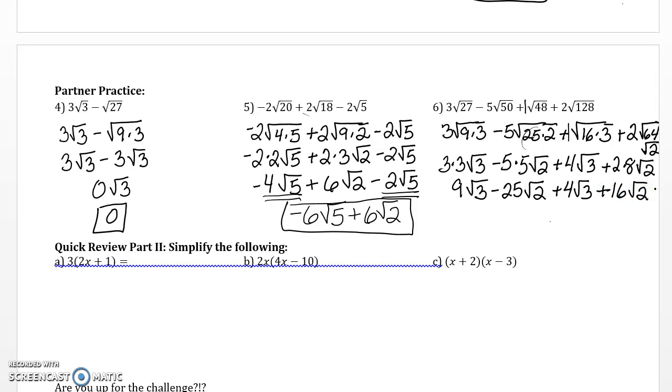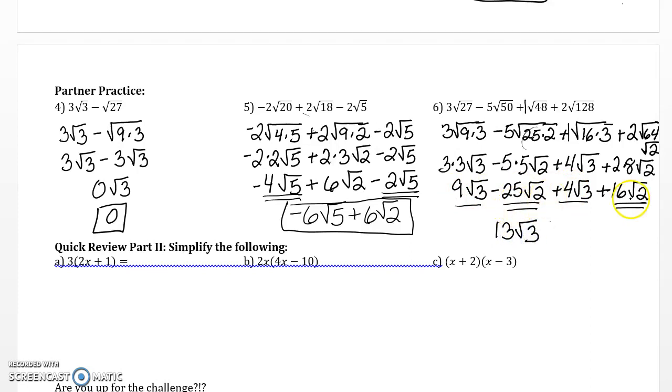All right, now scan across our 4 terms, and hopefully you notice we do have a couple sets of like terms. We have 2 terms that have square roots of 3. We have 2 terms that have square roots of 2. So if we go ahead and do the adding and subtracting for the coefficients of each of those like terms, we would have 9 plus 4 would give me a total of 13 square roots of 3.